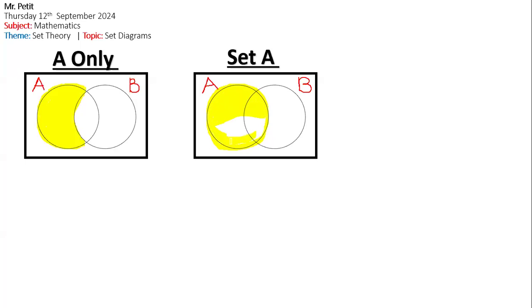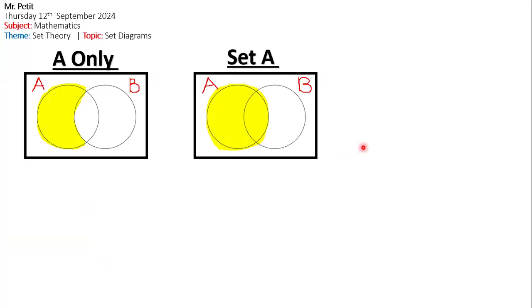So for all of set A, we include the intersection. But for just A only, we just want set A, but not the ones that are in the middle as well. So shade this for me.